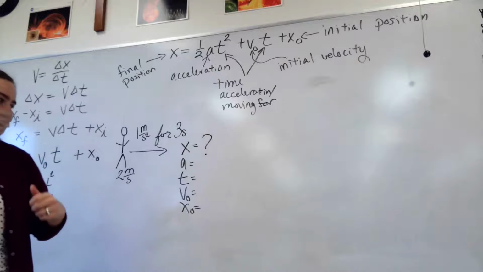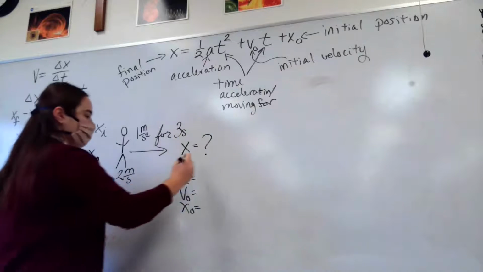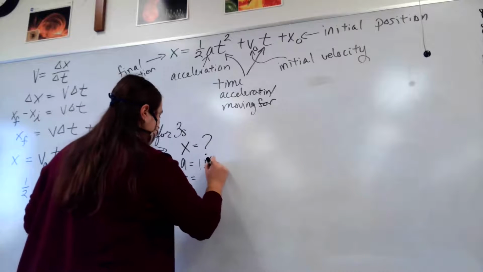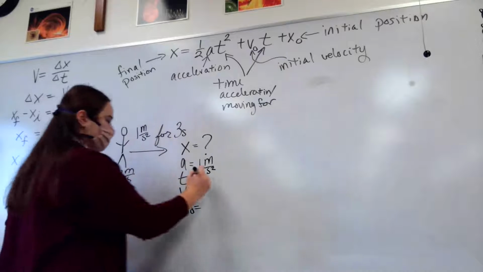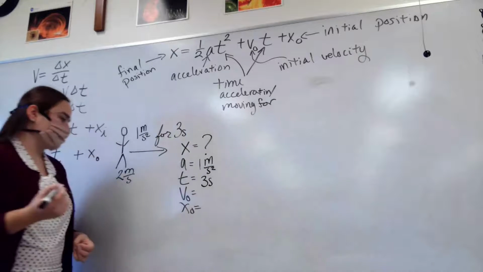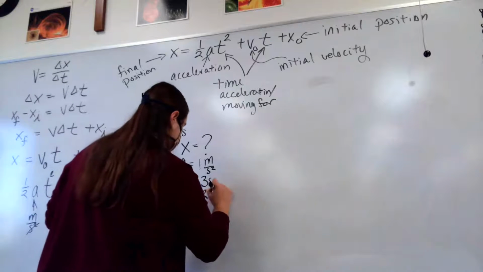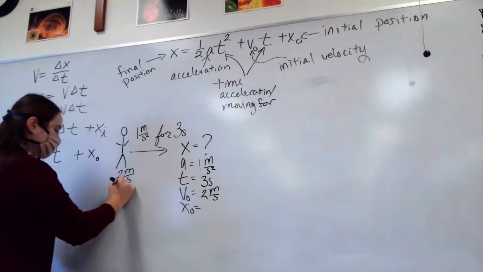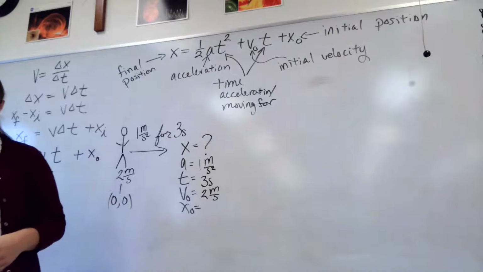Good? Okay. What's our acceleration? 1 meter per second squared. Our time? 3 seconds. Our initial velocity? 2 meters per second. If I do not specify, we'll assume that we start at 0.